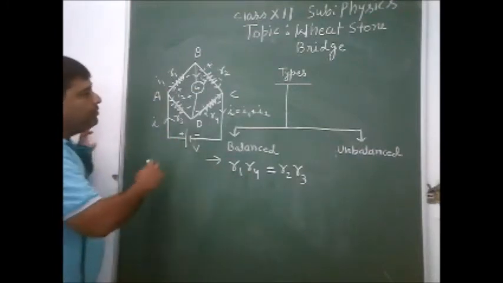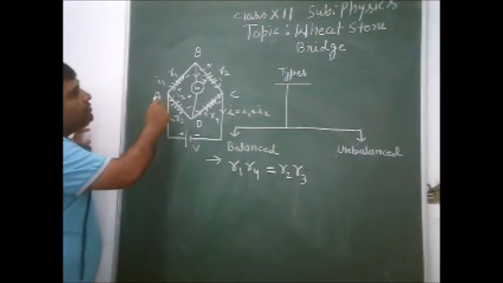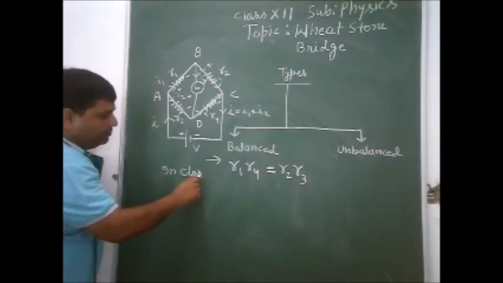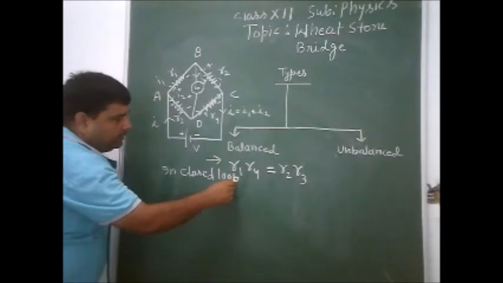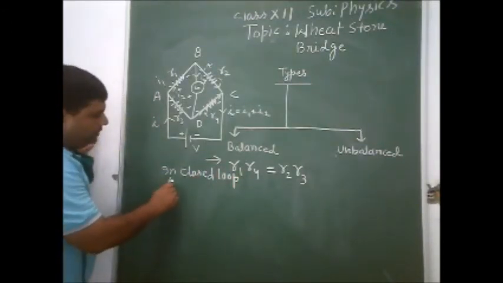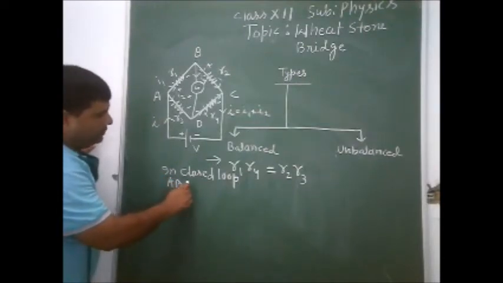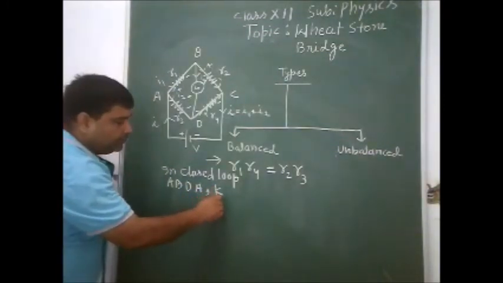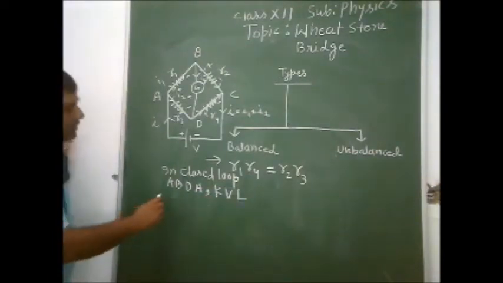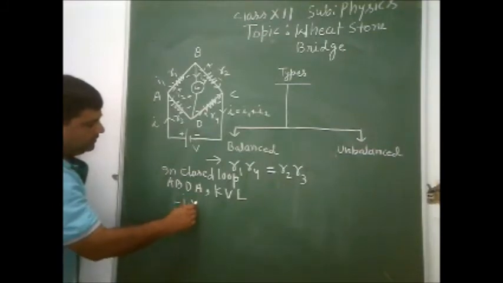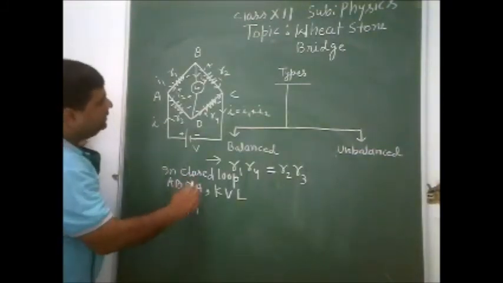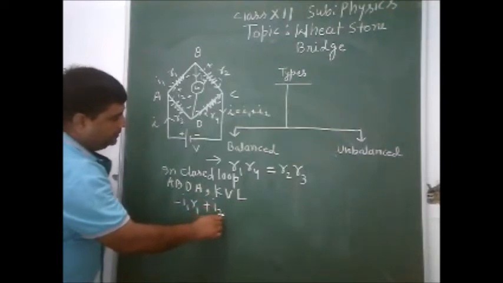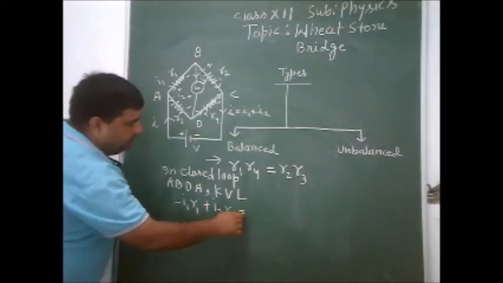Suppose you take the closed loop ABDA, A to B, B to D, D to A. If we use KVL, you see minus I1 R1 plus I2 R3 is 0.